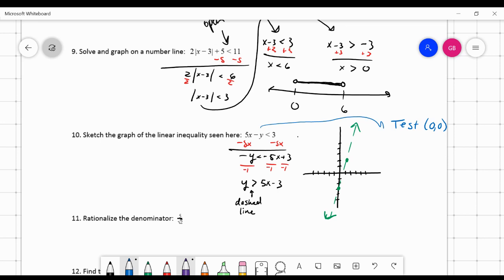So I'm going to test it here. So 5 times 0 minus 0, less than 3. So 0 minus 0 is 0. So since this is true, you shade this side. So 0, 0 is here on the left side of the graph. So you're going to shade the left side of the graph.